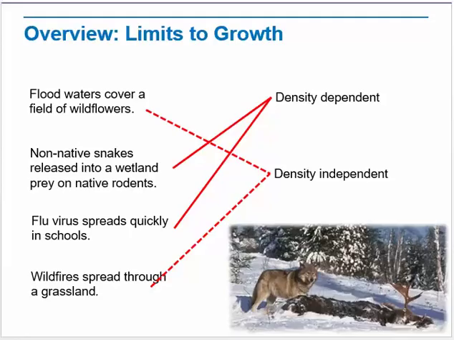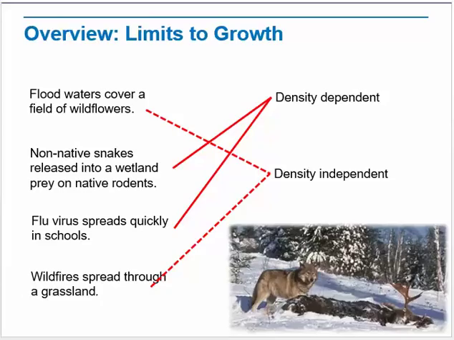Flu virus spreads quickly in schools. Viruses are not living. However, I did say that there's always a few exceptions. Viruses are disease causing, so those go under density dependent limiting factors.